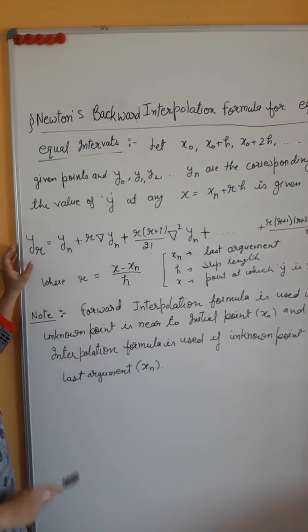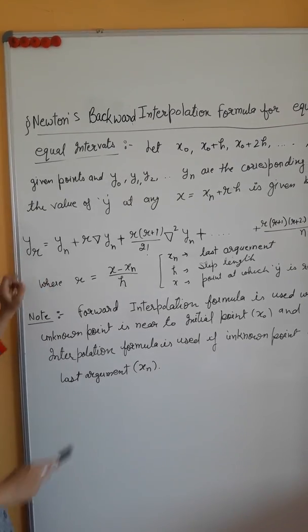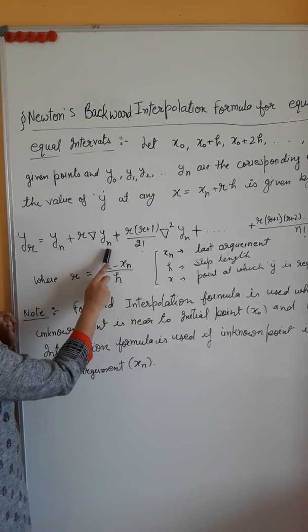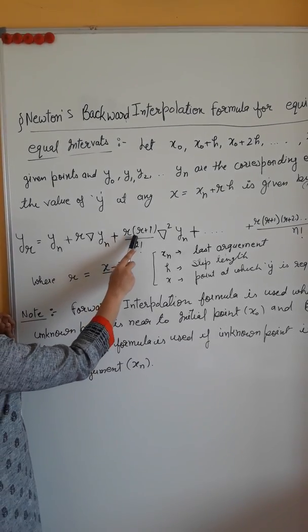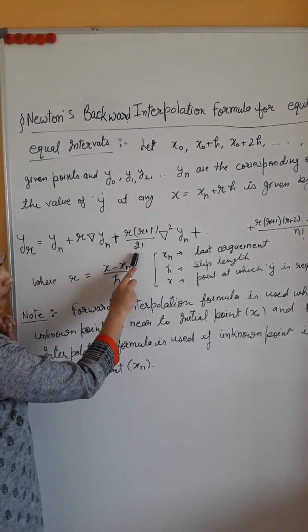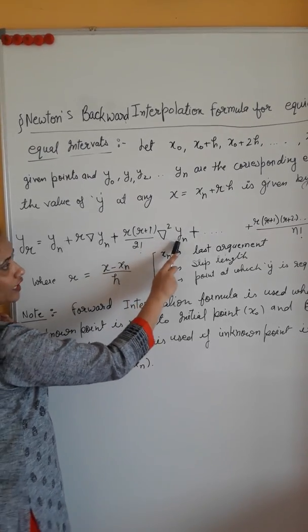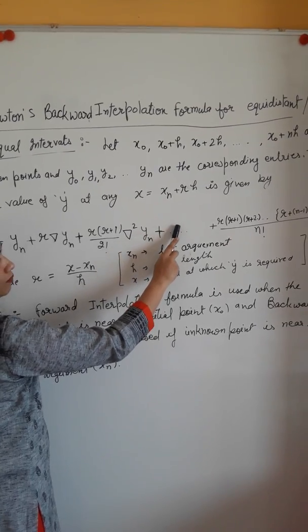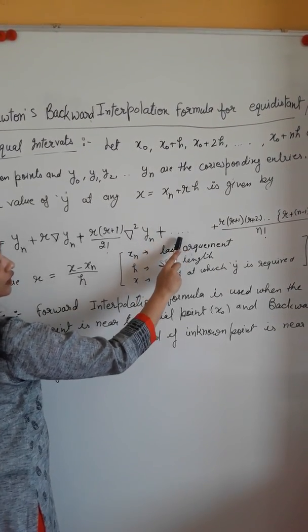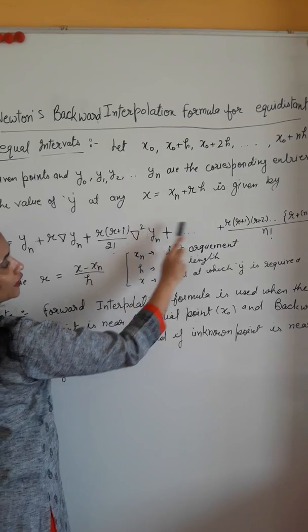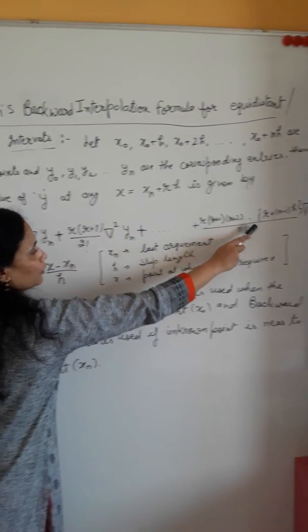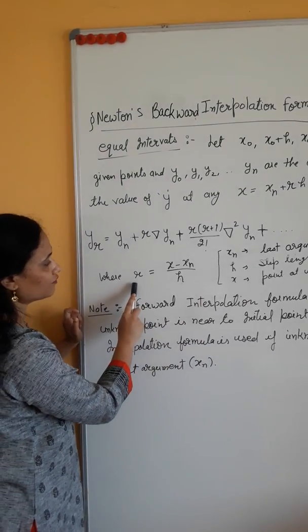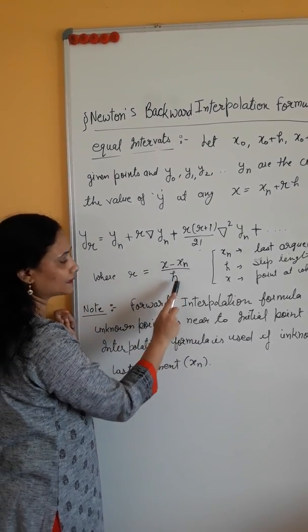Then the approximate value of y is given by yn plus r nabla yn plus r into r plus 1 by factorial 2 nabla square yn plus, by symmetry, r plus 1 r plus 2 divided by factorial 3 nabla cube yn up to the nth term, or based on the given data, where r is given by x minus xn by h.